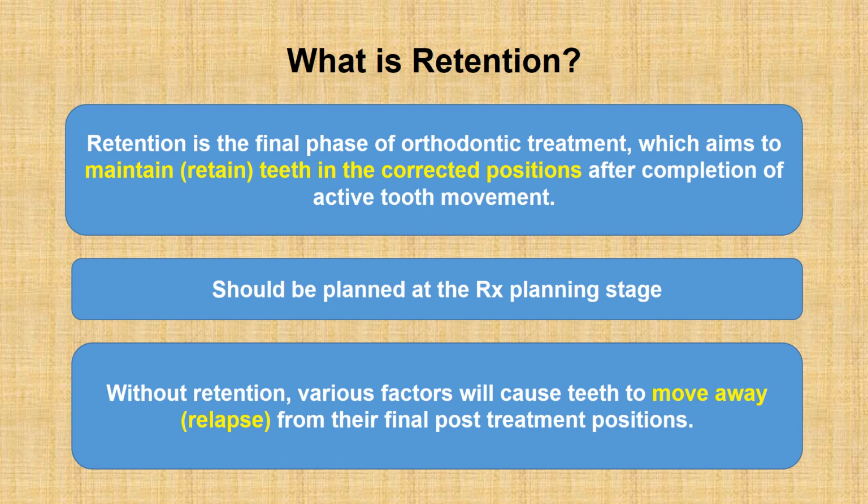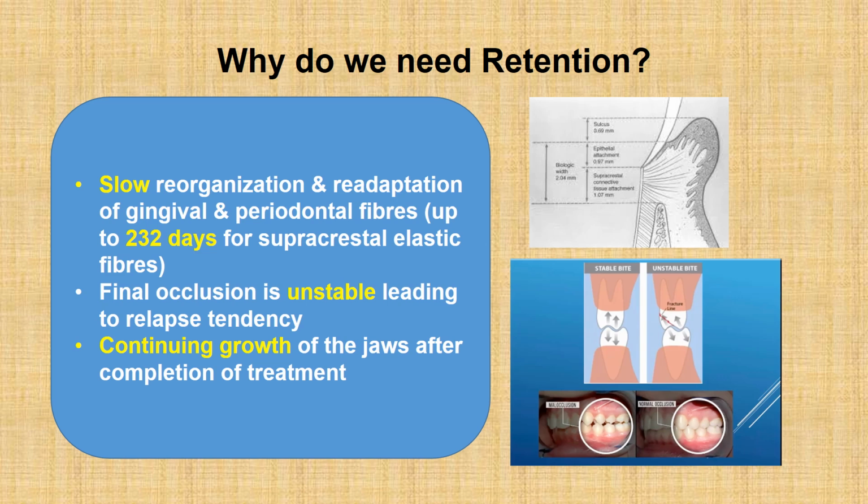Without retention, various factors will cause teeth to move away or relapse from their final post-treatment positions. Why do we need retention? It has been shown that after a tooth has been moved, the gingival and periodontal fibers take a long period of time for reorganization and readaptation.